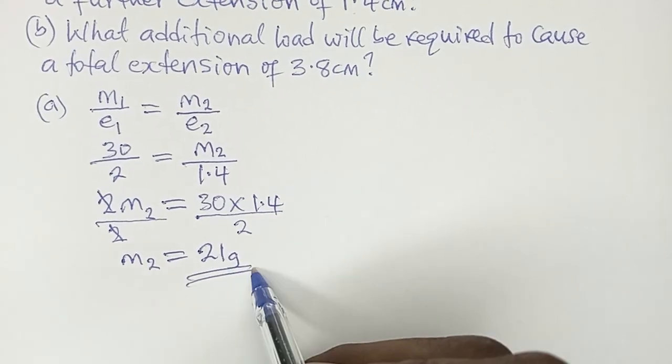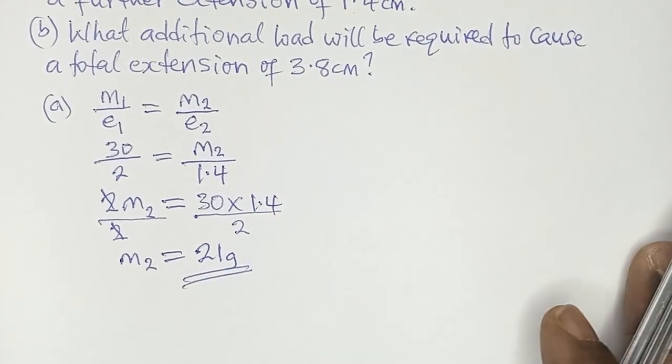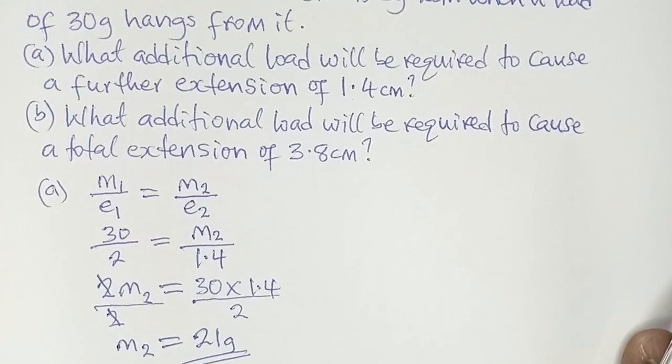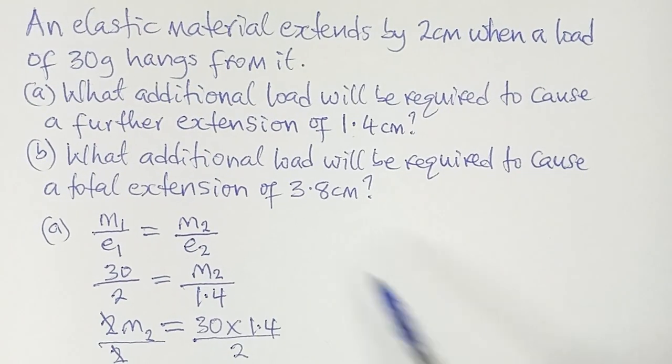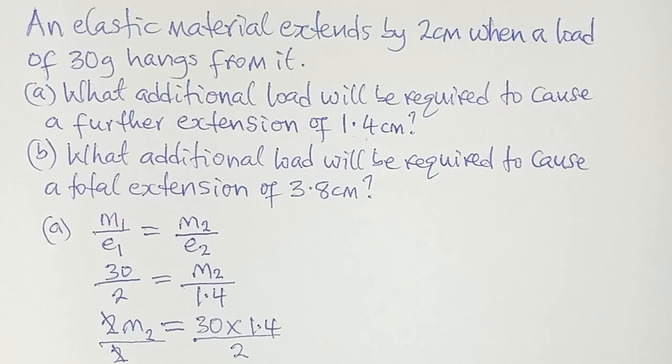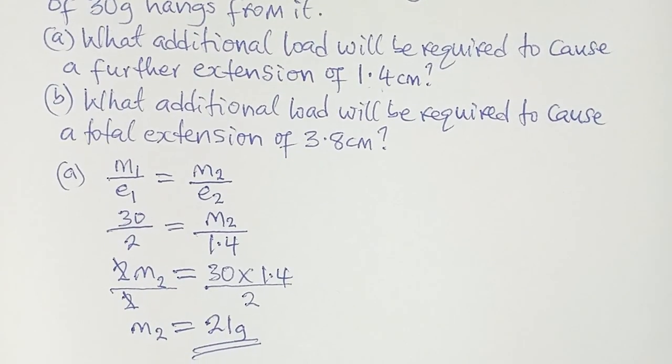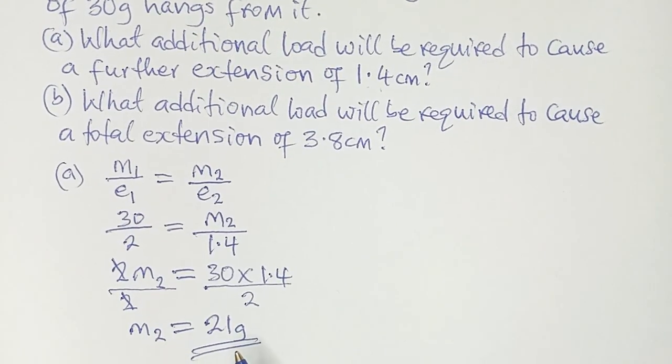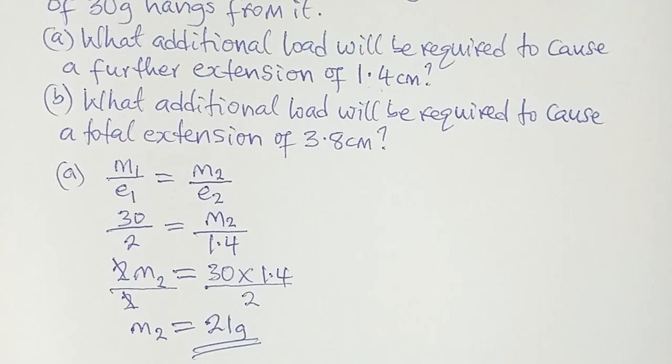So that means the additional load that is required to cause an extension of 1.4 from the question is equal to 21 gram as we have just obtained. So this is the answer to question A, 21 gram.